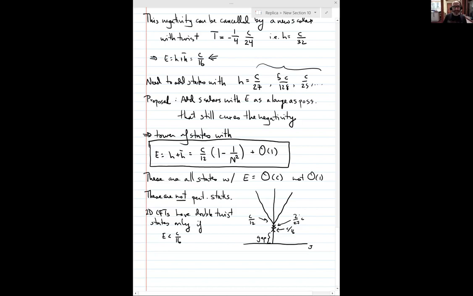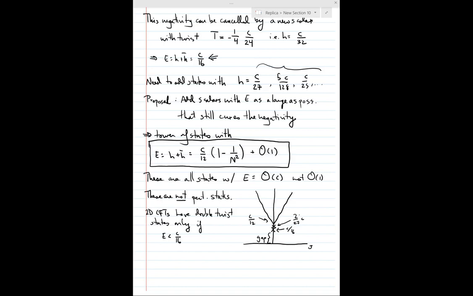And you can add a finite number of these states and prove that the partition function that you get by throwing in these characters along with their SL2Z orbits, and summing all that up, gives you a positive density of states for central charge bigger than 3,237.7. That's a numerical calculation. Okay, yeah.